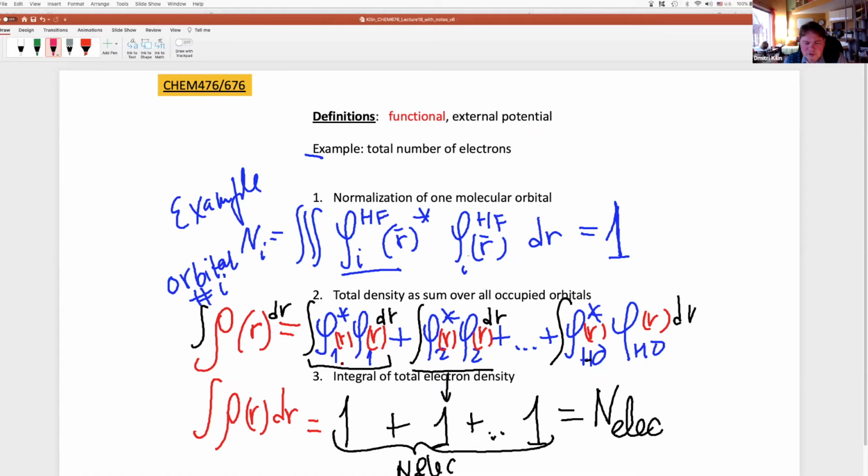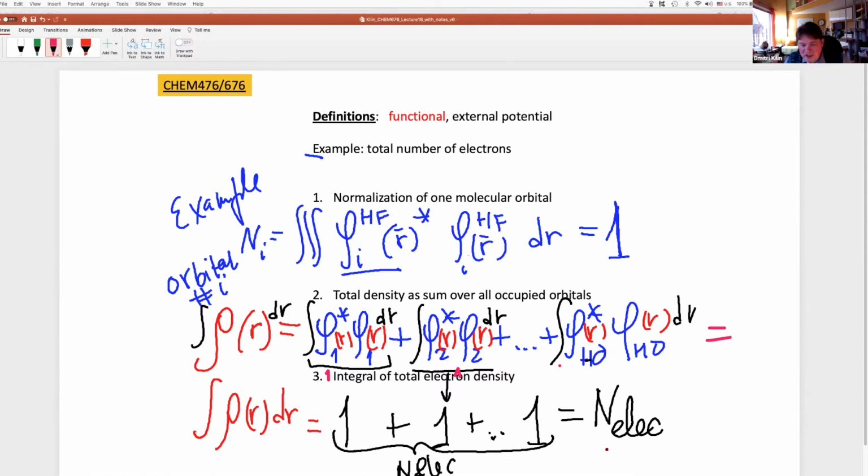So if you do have a set of occupied orbitals, or molecular orbitals, if one multiplies an orbital by itself and integrates over space, one is getting 1 from one orbital. Then one is getting 1 from another orbital. And then if one adds together such combinations, one will get, after integration, the total number of electrons.